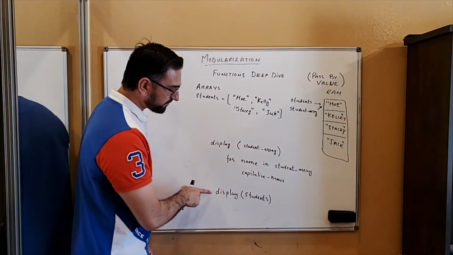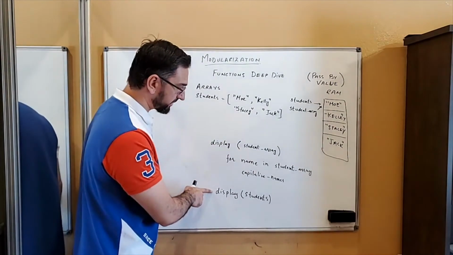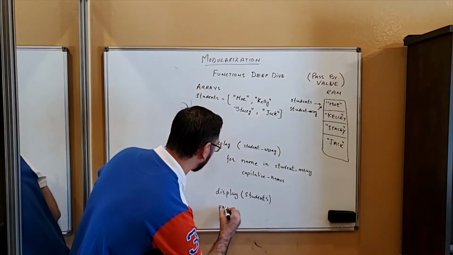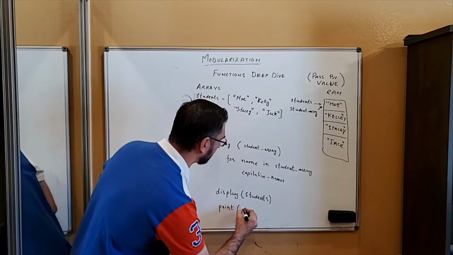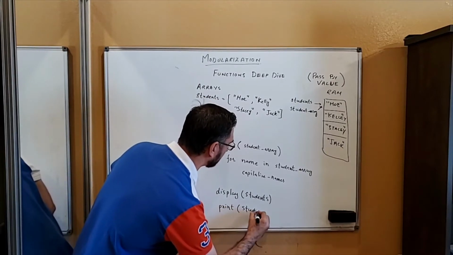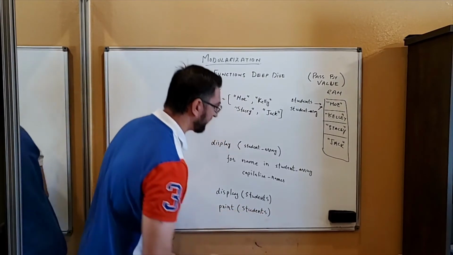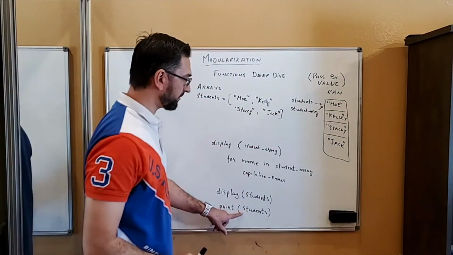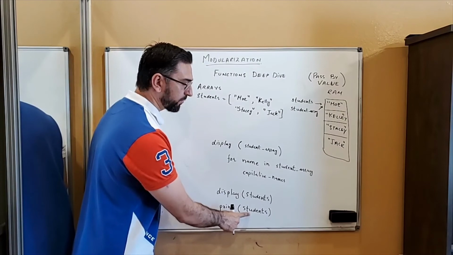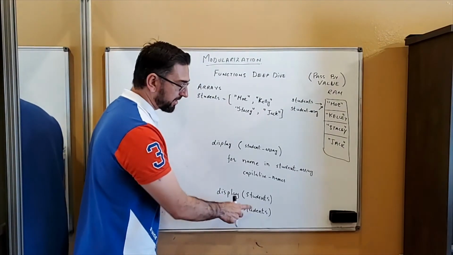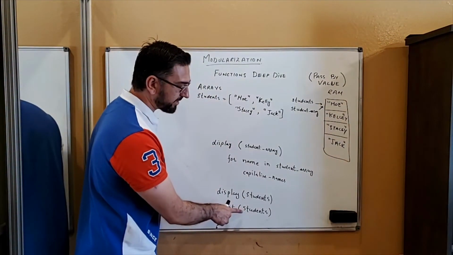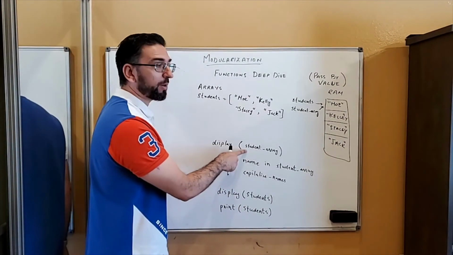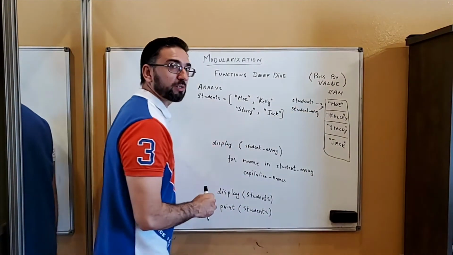therefore, after execution of this function, when my program comes here and if I want to print students array, in which case this variable is pointing to an array in memory, this will print out capitalized names. The reason is that this variable and the student array variable were pointing to the same location in memory.